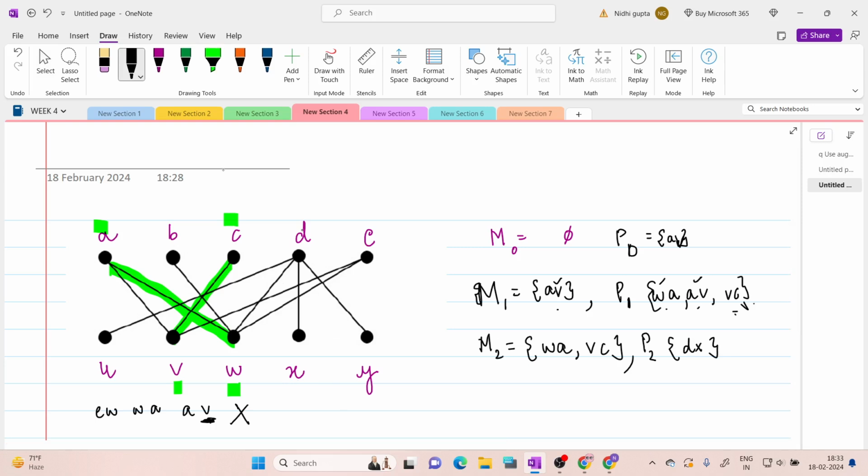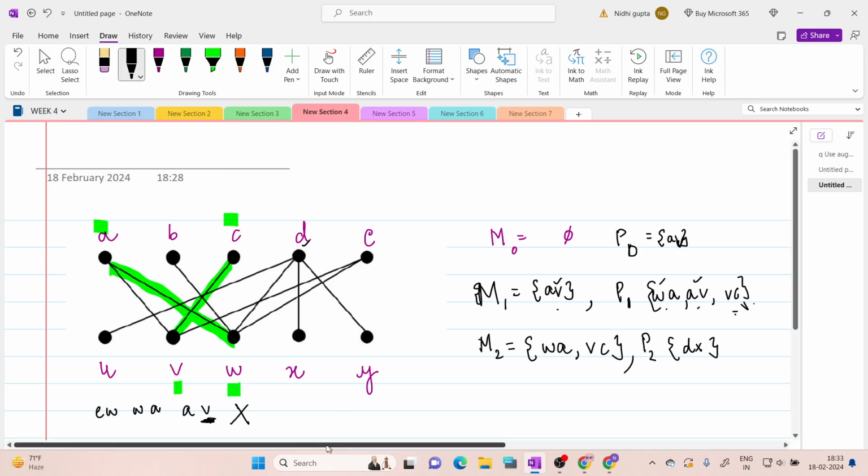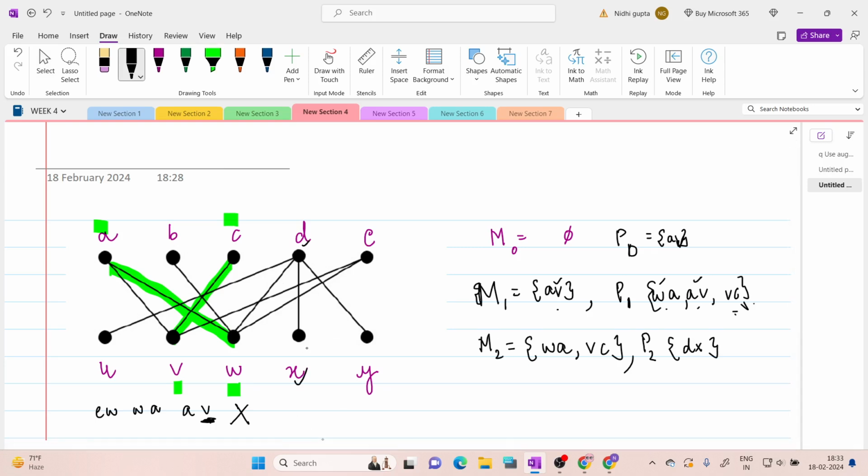If we take DX, it is starting with an unmatched vertex and ending with an unmatched vertex, so we can just take DX. Good. Now if you take the symmetric difference, since there is nothing in common, it is just the union. So M3 is WA, VC, DX.